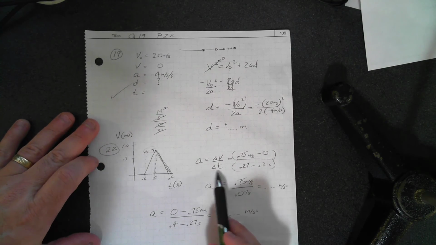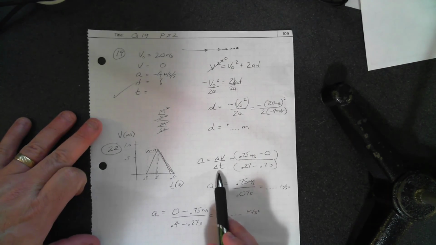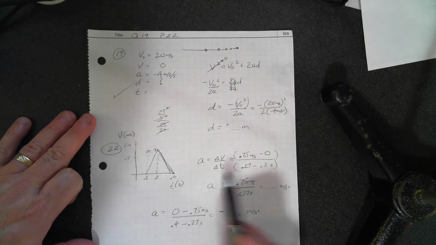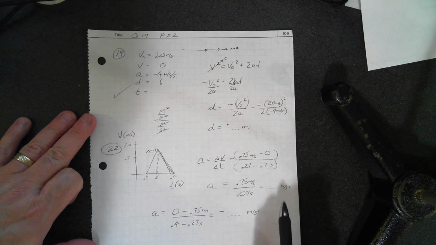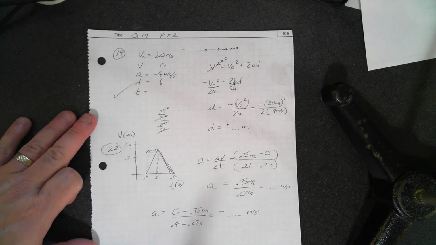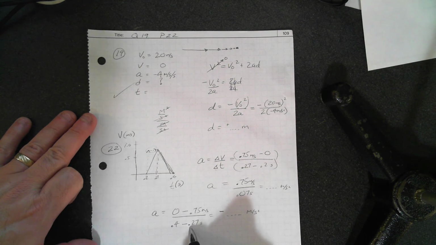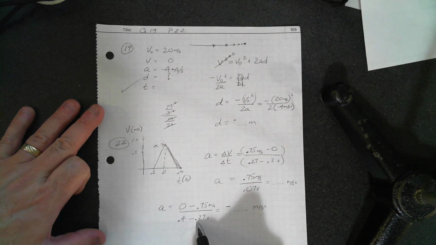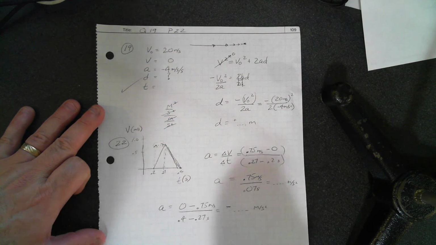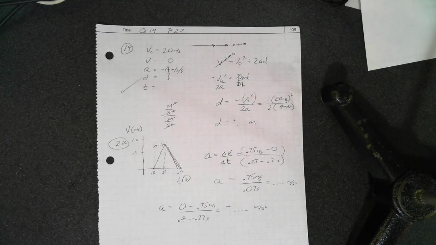And you should see that in your numbers, because here you've got a much shorter time span. If it takes place over a smaller number in the denominator, you're going to get a bigger answer. So a bigger acceleration as the heart starts to beat and then slowing down. Not as big an acceleration. And it is negative. All right, that's those two. Have a good day.